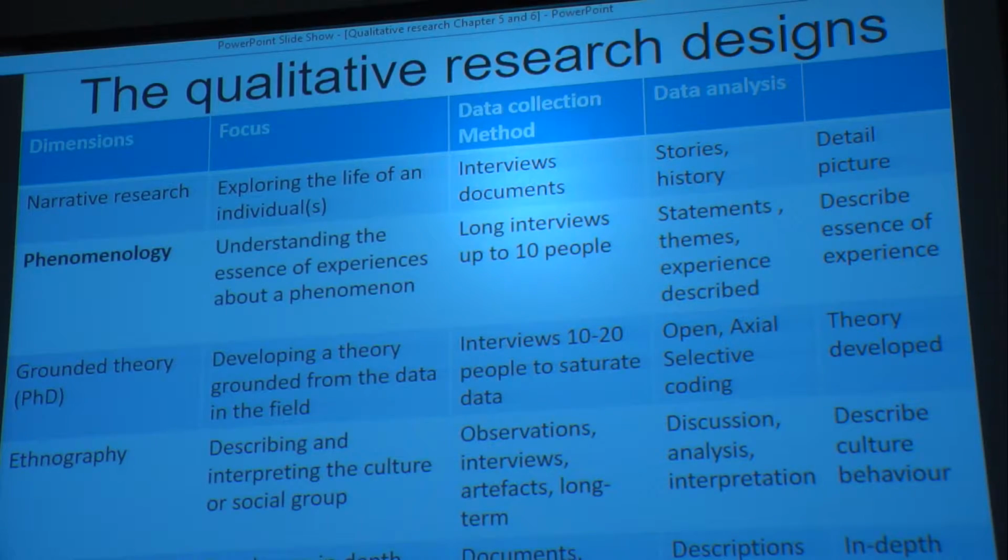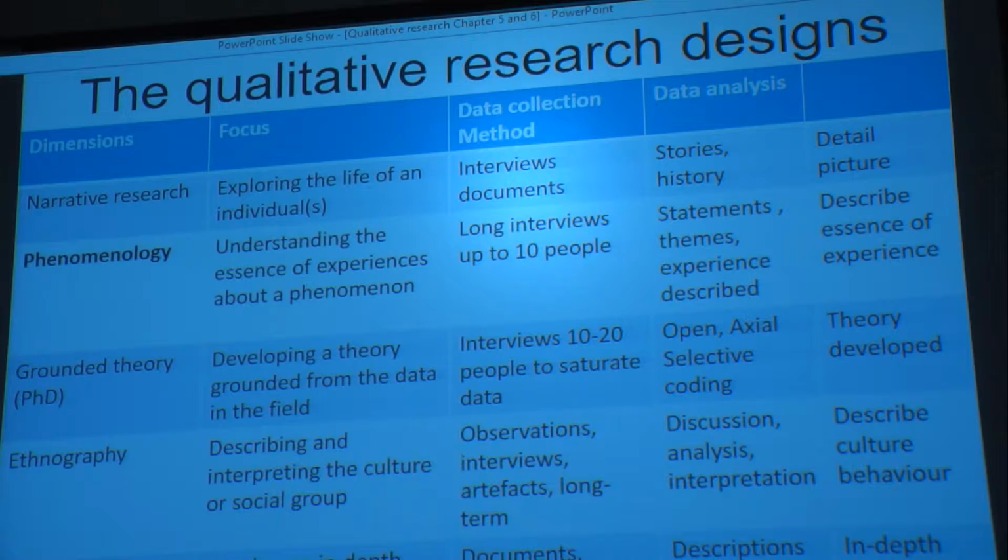Then we analyze the data, we look at the statements, the things that they are saying, and from those statements, we identify themes which describe this person's experience in a particular situation. Also, we describe the essence of their experience.